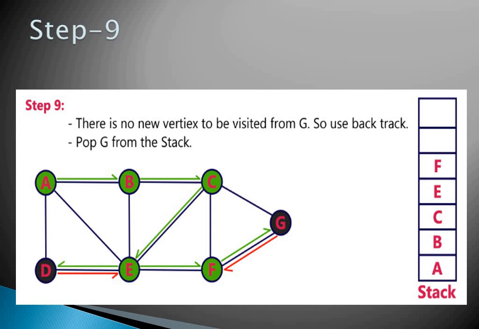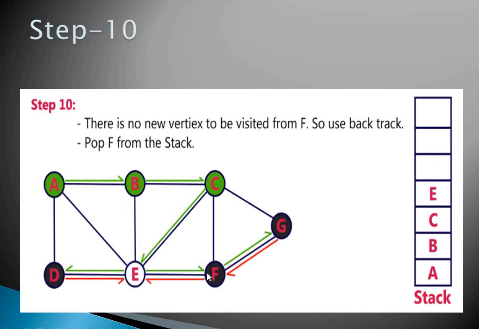So we are coming back to F. Whenever you come back to F, that F will also become black. Why? Because the next vertex to be removed from the stack is F here. Now it will also become black. So remember, any vertex which becomes black will be removed from the stack.